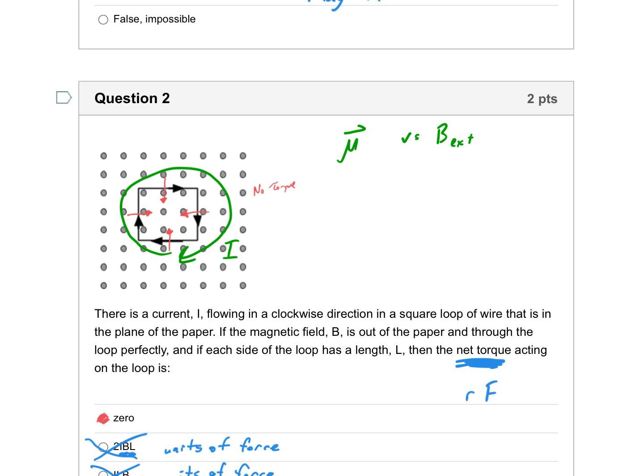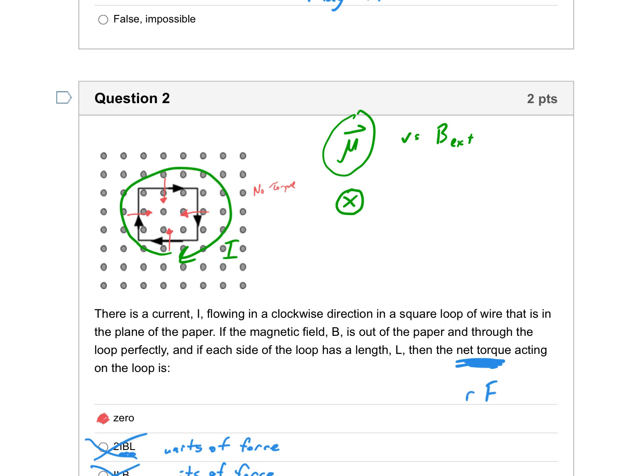Using the source's right-hand rule, you can find the direction of the magnetic moment of the loop, and it is going to be into the page. I get that by putting my fingers around in that green loop, and I end up with my thumb pointing into the page.